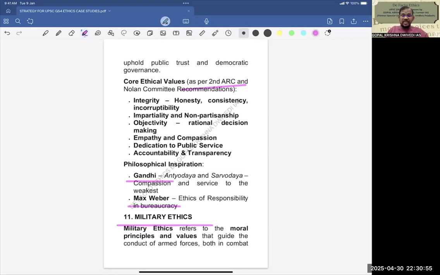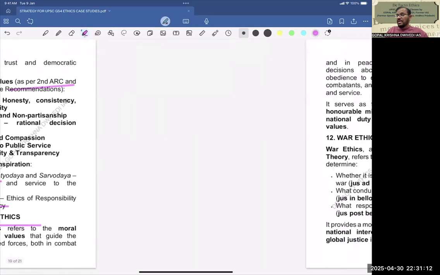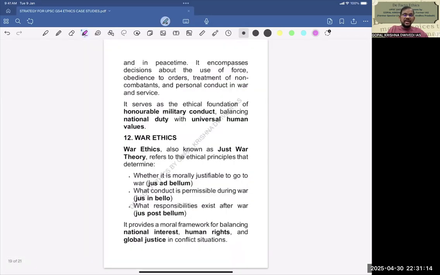Then there is military ethics, because wherever the question comes regarding armed forces, the conduct of armed forces, their military ethics needs to apply, which refers to moral principles and values that guide conduct of armed forces both in peace and war time. So this is again important. Then there is war ethics. Now there is a difference between war ethics and peace ethics.